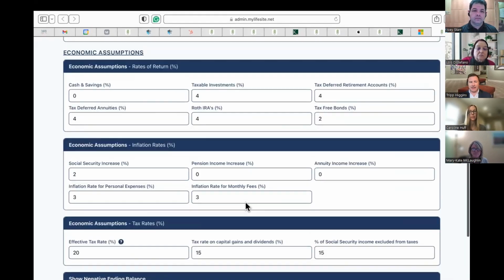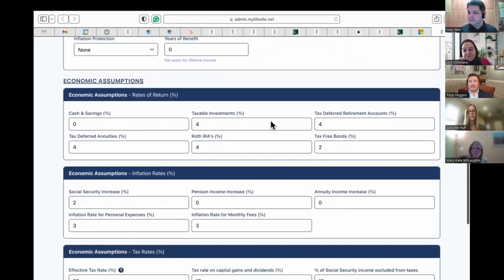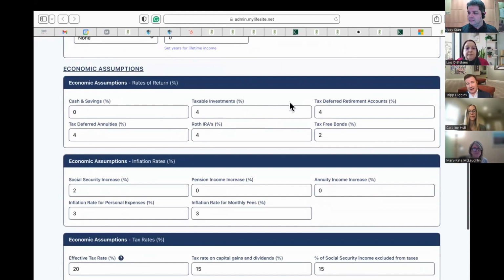And then next we look at whether or not, if we did have long-term care insurance, we could fill that in. Otherwise, we're looking at economic assumptions. Currently, we're using 0% on cash and savings. Obviously, it's a little bit more right now with our inflation rates that are now coming down. Taxable investments at 4%, retirement accounts at 4%, Roth IRAs at 4%.